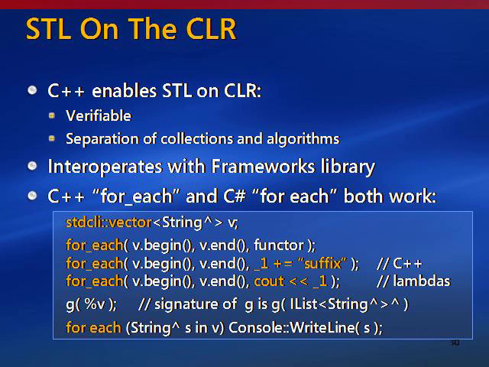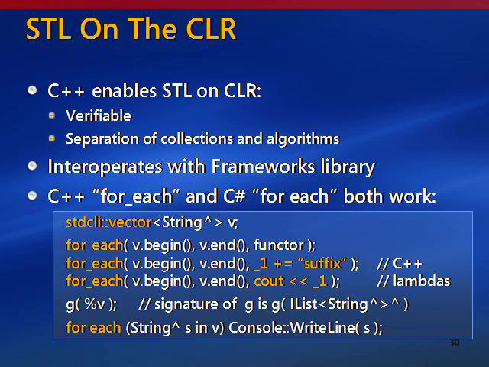And so that for each we wanted to make as general as possible, so it also works on STL. And so you can still use the C++ for each and create different function objects to pass on to and use that as an iteration thing.